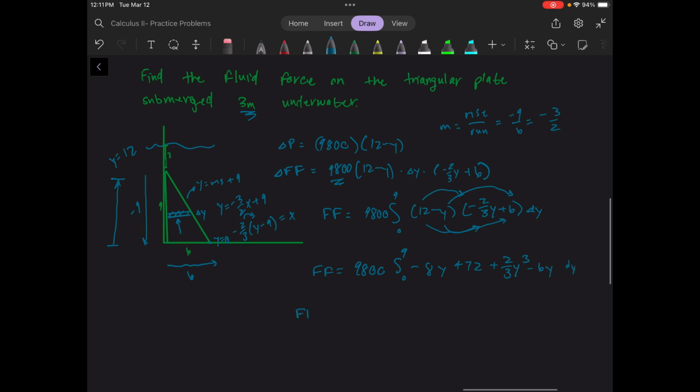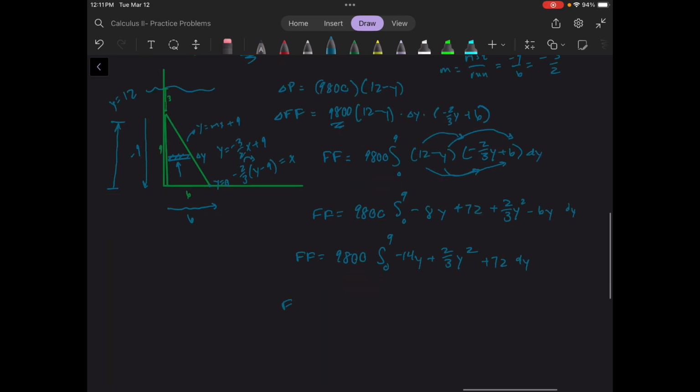So the fluid force is 9,800, integral 0 to 9. We have a negative 8y and a negative 6y. That makes a negative 14y. We still have that 2/3 y squared, not y cubed. Then we have that 72. So the fluid force is 9,800 times the integral.